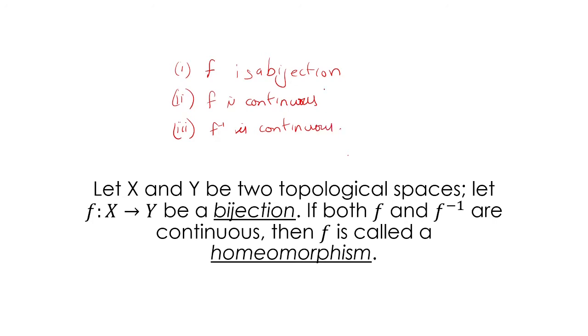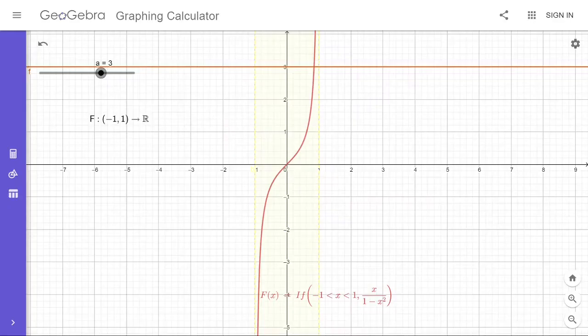So if f is a bijection, f is continuous, and f inverse is continuous, then we call it a homeomorphism between two topological spaces X and Y. With a small note, let's take a look at some examples.